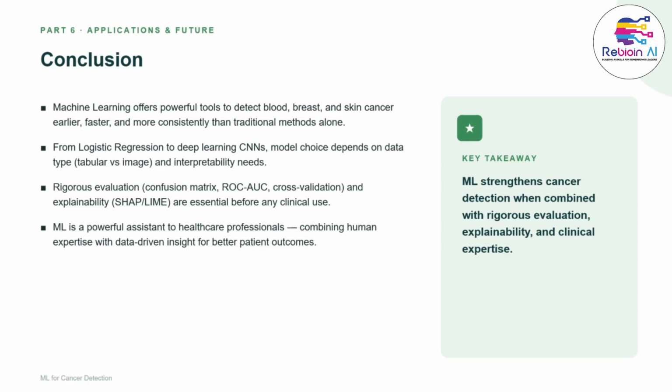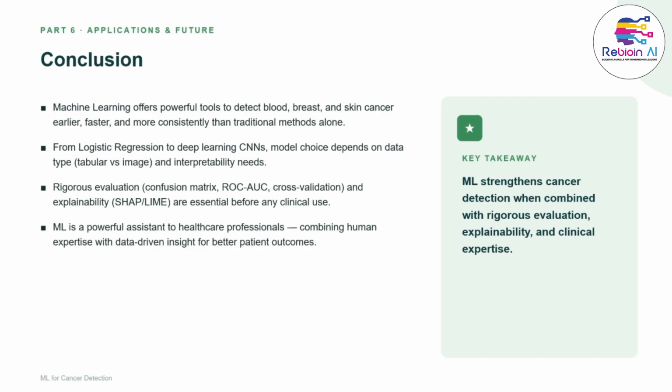So let's bring this all together. We started with the basics, that is, what cancer actually is and why catching it early makes such a dramatic difference in outcomes. And we built up a toolkit of machine learning algorithms from simple and interpretable ones like logistic regression to powerful but more opaque ones like deep learning models. The right choice depends on your data type and how much interpretability you need.